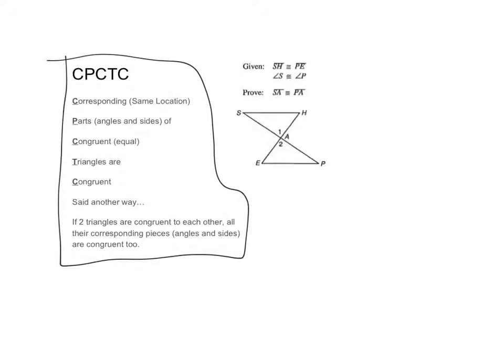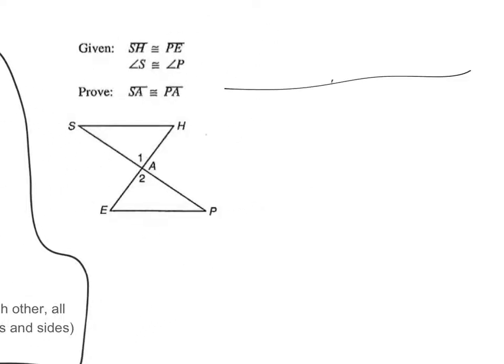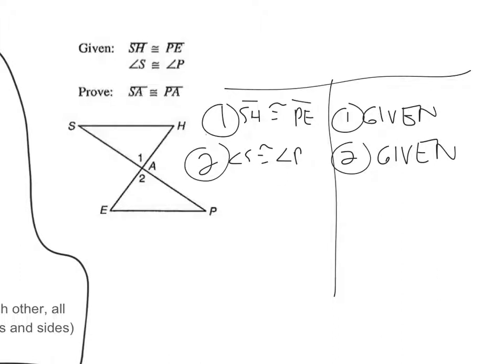If I'm looking here, let's take a look at this one. SH is congruent to PE, given. Angle S is congruent to angle P, given. So what does that mean? Let's mark SH congruent to PE, angle S congruent to angle P. The big giveaway I'm looking at is angle 1 congruent to angle 2 by vertical angles.